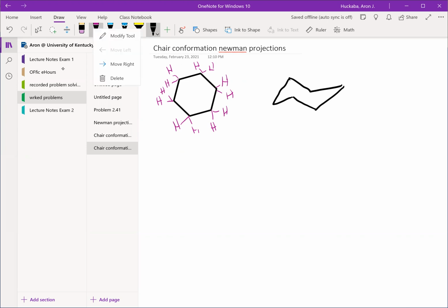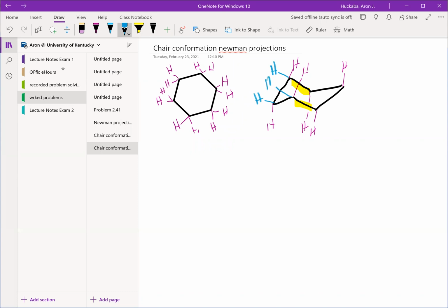And the hydrogens around the chair are in different positions depending on whether they are axial, or perpendicular to the seat carbon-carbon bonds, or whether they are equatorial, or parallel with those highlighted carbon-carbon bonds that make up the seat of the chair.